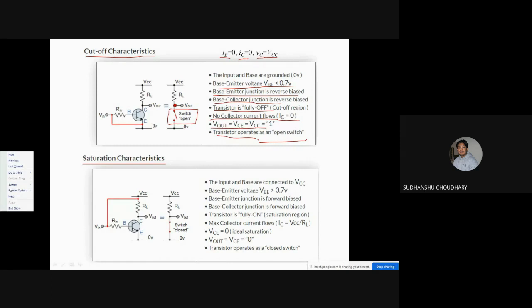So my base here is P. The emitter base junction is forward biased, obviously, because the base is connected to VCC and the base is P type. And the collector base junction, that is, this point, is also forward biased in this case.